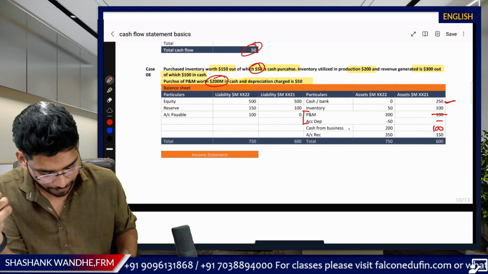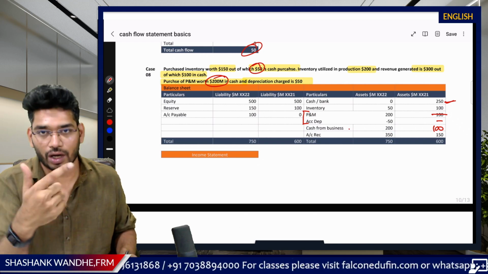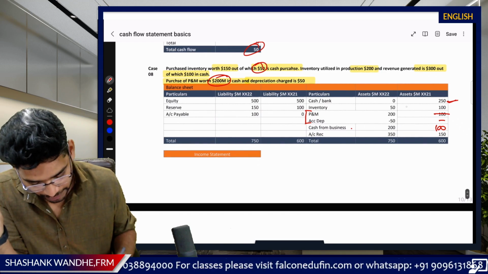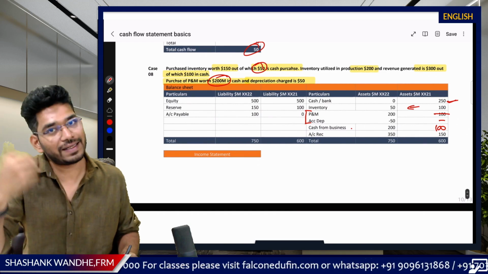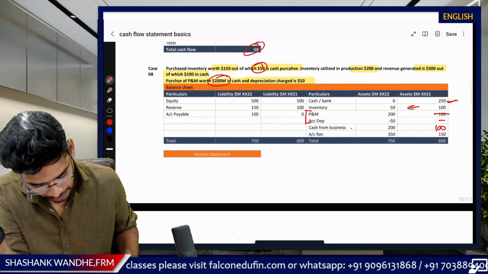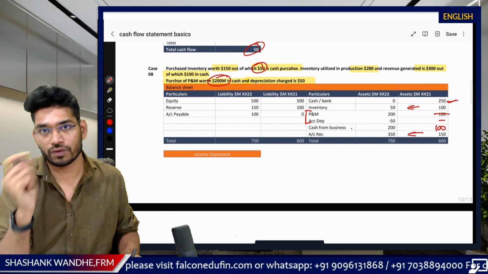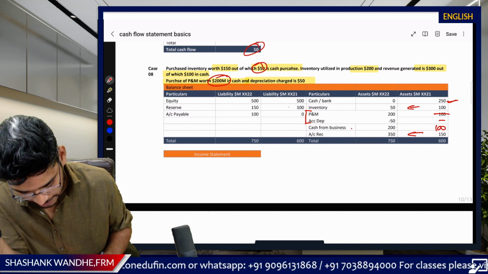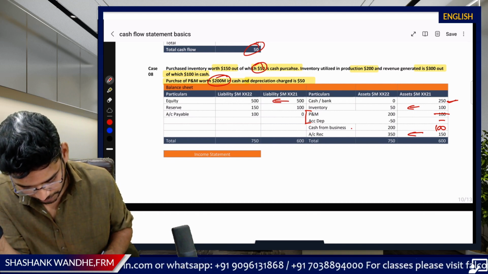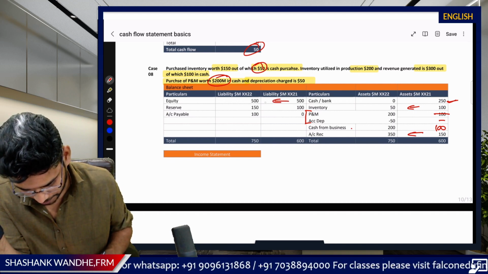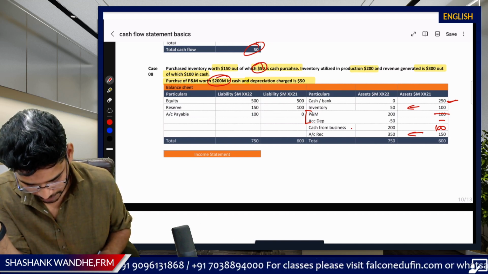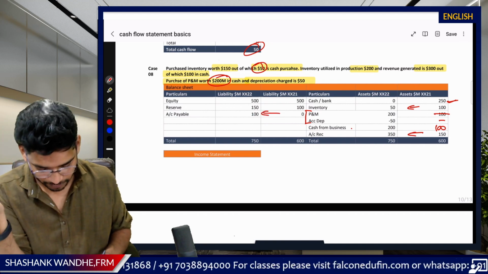Next, inventory from 100 to 50, same as before. Accounts receivable from 150 to 350, same as before. Your reserves are increasing here. Then you have this equity part same, and your payable is from 0 to 100, same as before.